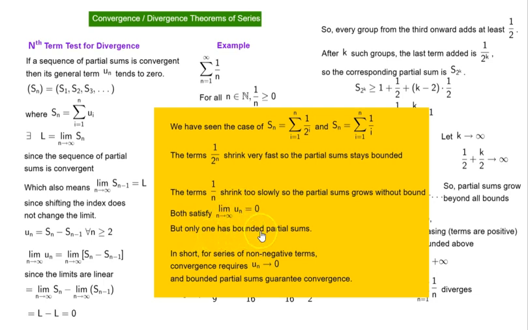But only one has bounded partial sums. So in short, for series of non-negative terms, convergence requires u sub n going to 0, and bounded partial sums guarantee convergence. That was convergence and divergence theorems of series.